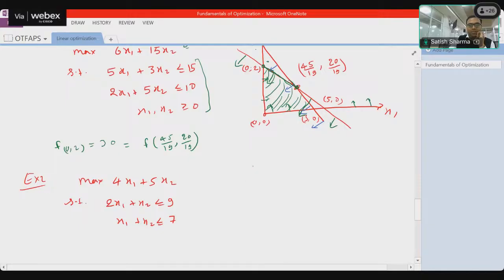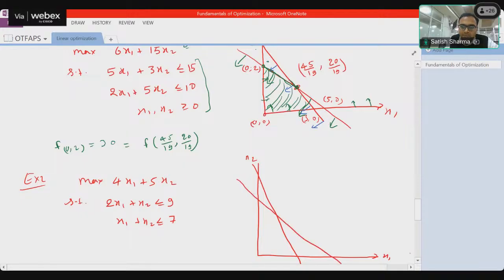If I try to draw this, let's say x1 and x2 on this particular side, I will draw a line like this first, and then I will draw a line like this.